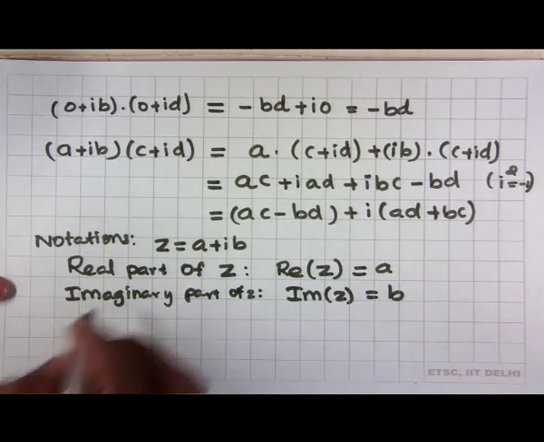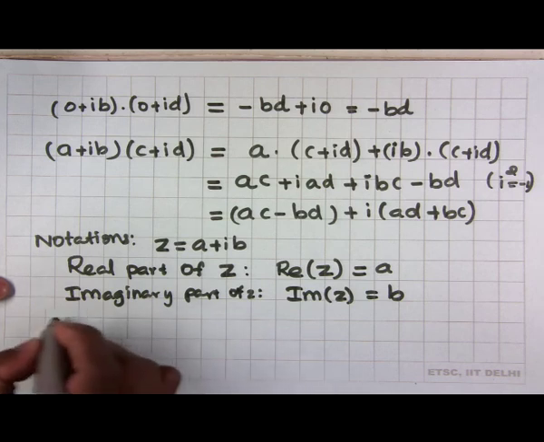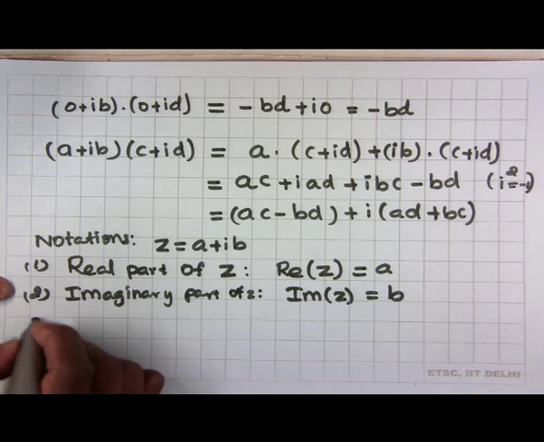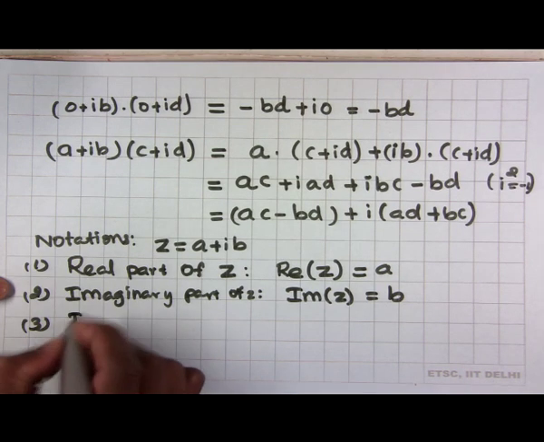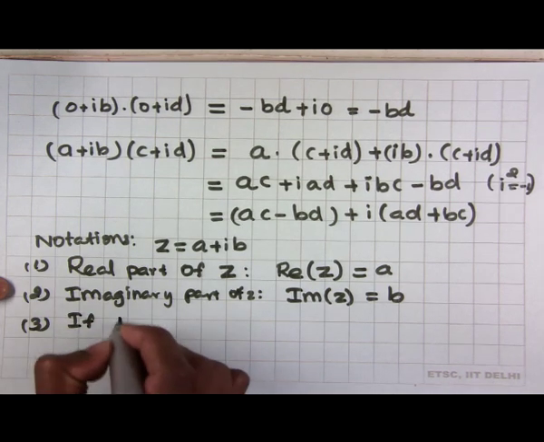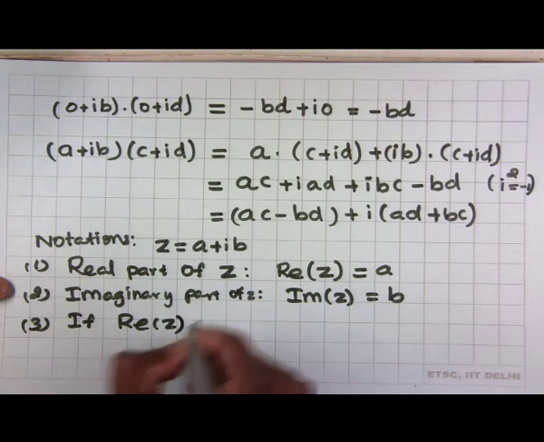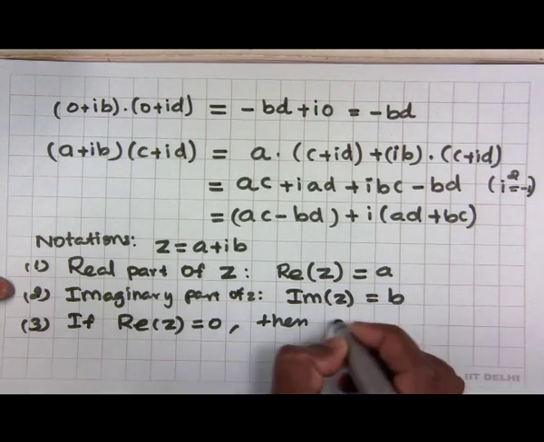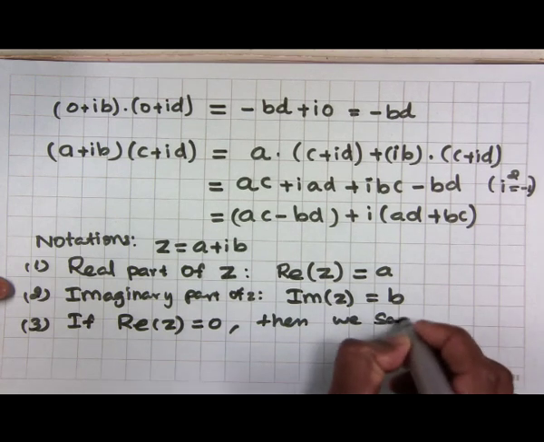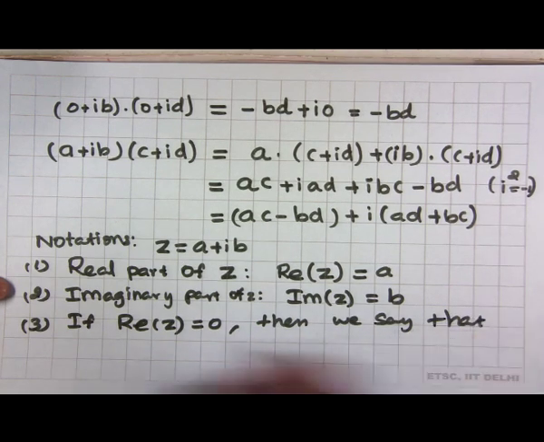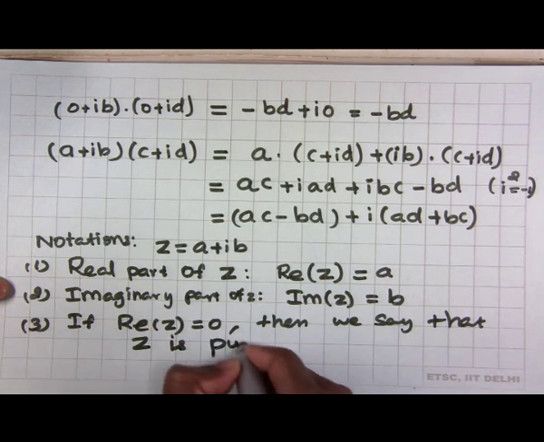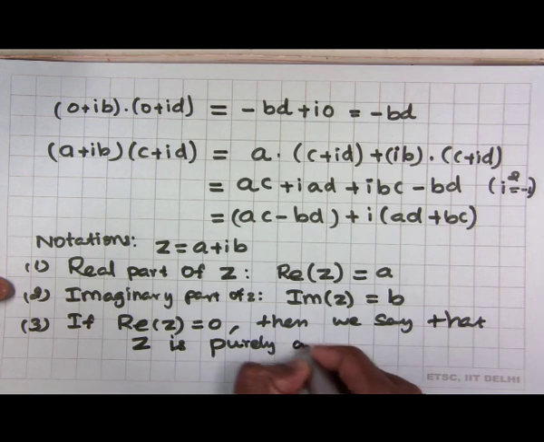And if, suppose, the real part of Z is 0, then we say that Z is purely an imaginary number.